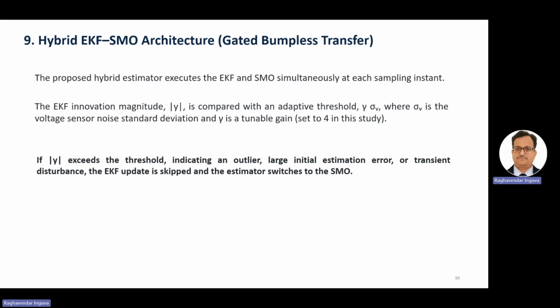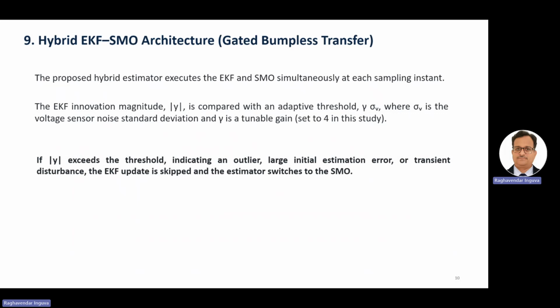The algorithm that we have used in this research mainly focuses on that. While transiting from EKF to SMO or SMO to EKF, there will be a bumpless transfer. We will use the values of SMO as the initial value for EKF and the values of EKF as the initial value for SMO, so that the transition is bumpless.